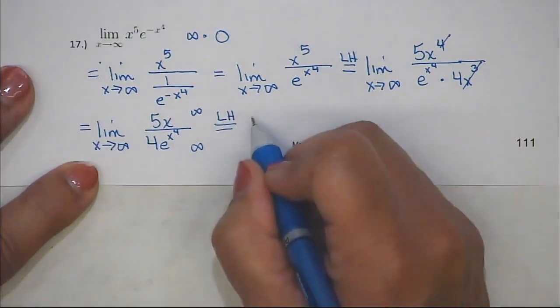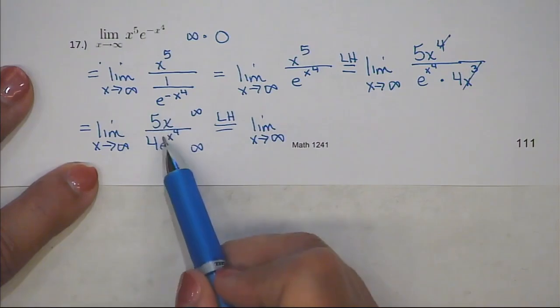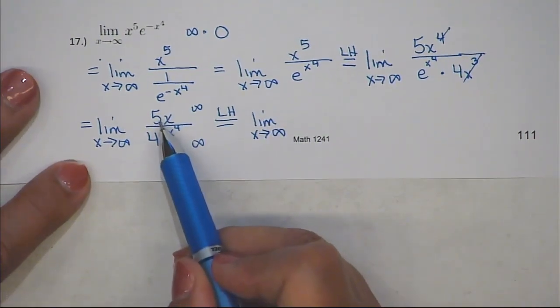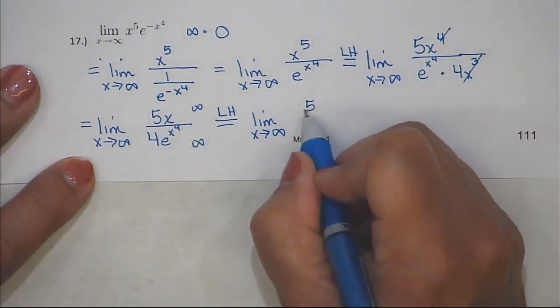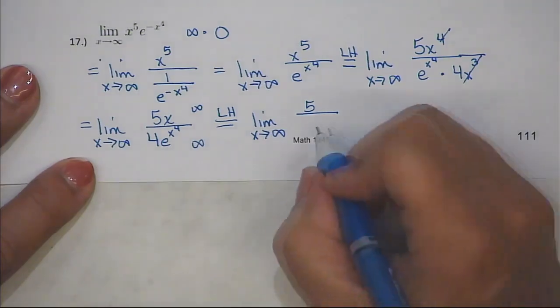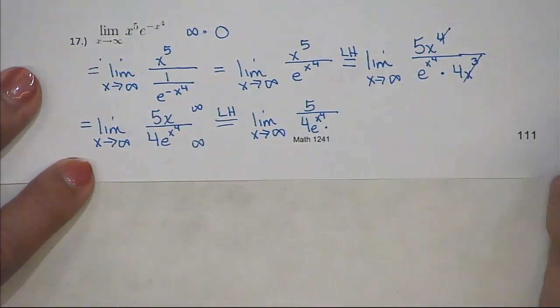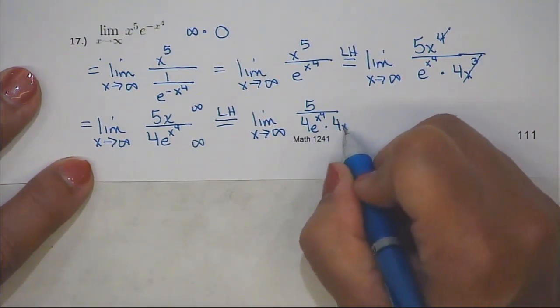So the limit as x goes to infinity this time, and I'll lose the x in the top, which is what I need. So the derivative of 5x is 5. The derivative of 4e to the x to the 4th is 4e to the x to the 4th times the derivative of the exponent again, 4x cubed.